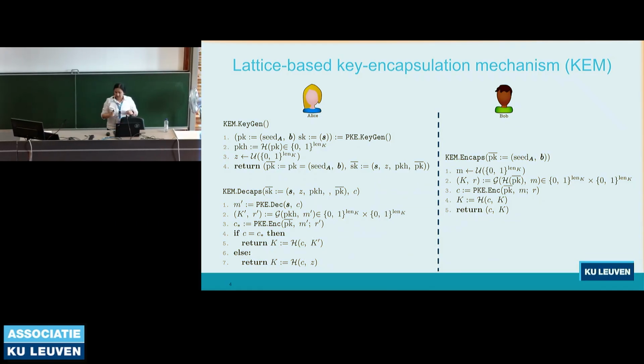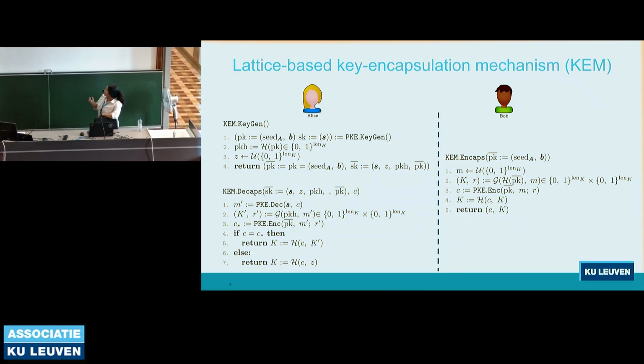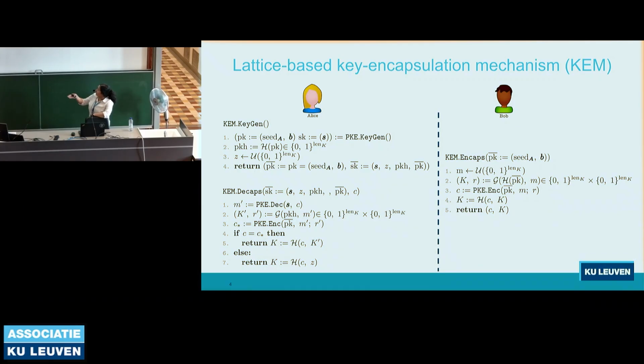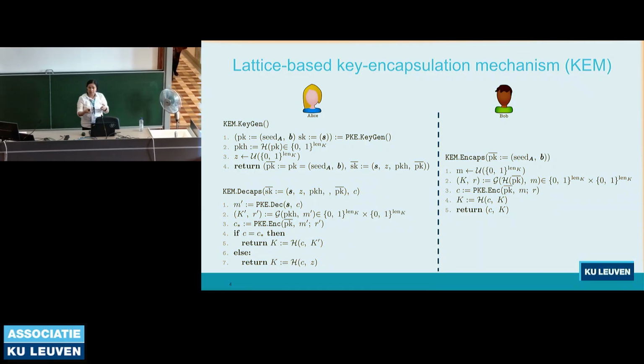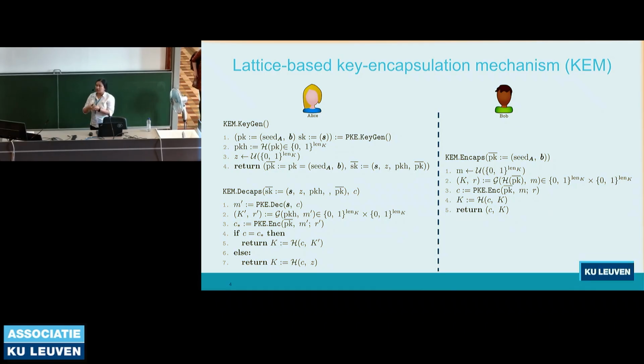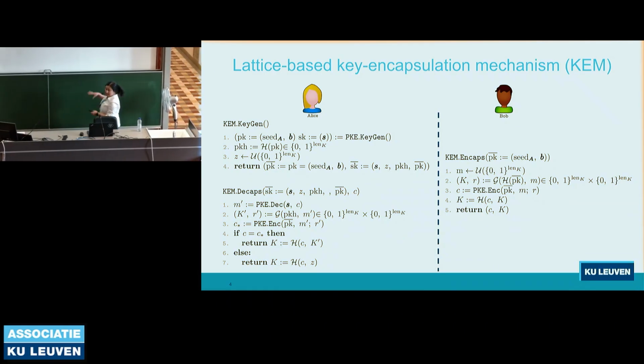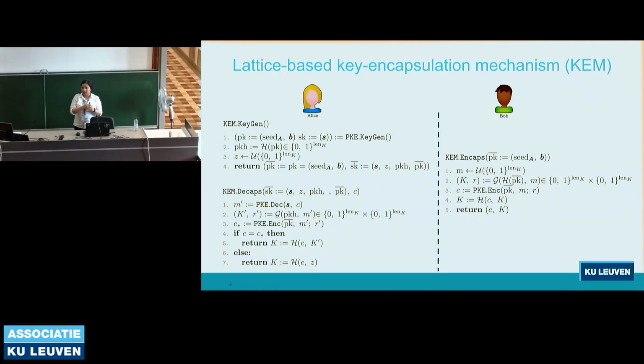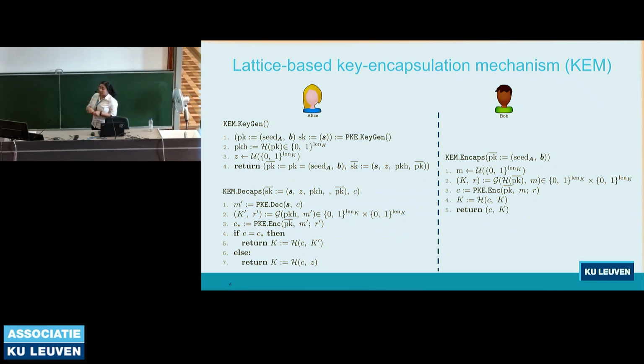Here, if you see, this is a key encapsulation mechanism. There are two parties, Alice and Bob. Alice does key generation, Bob uses one of the keys, the public key, does the encapsulation and then sends back the ciphertext to Alice, and Alice does the decapsulation part. This is a two-party protocol, but it can be three parties and more.